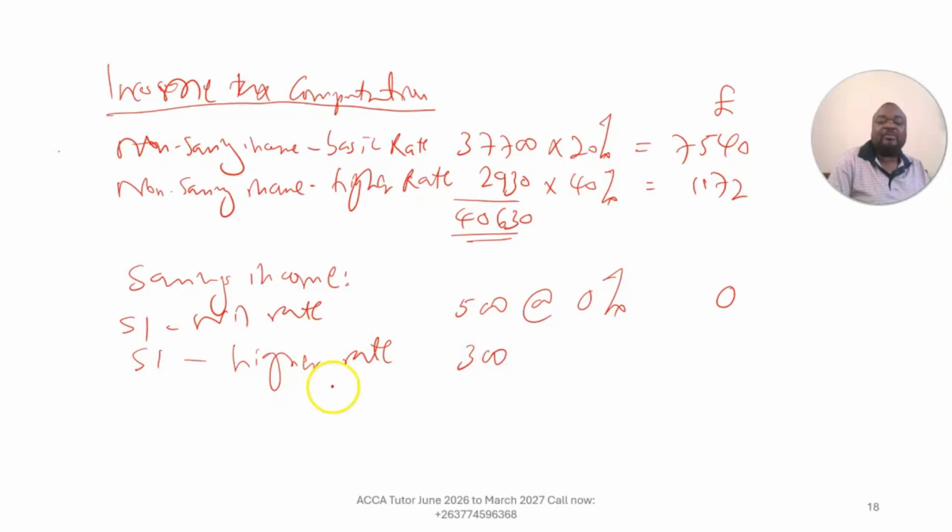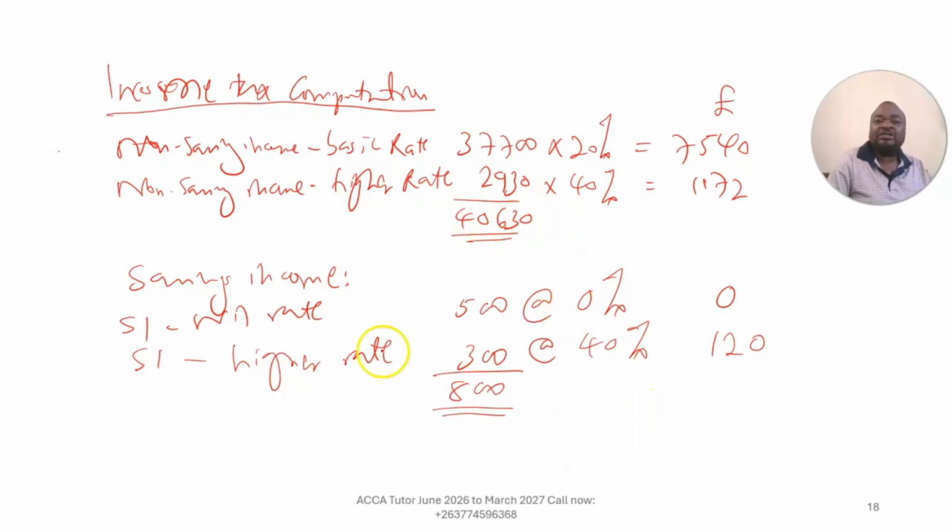That is the 300. Remember, this guy's savings income was 800. So this 300 is going to be multiplied by this guy's tax rate, that is the 40%. But why? Because he is a higher rate taxpayer. Do not use the 20% there. So 300 multiplied by 40% comes to 120.